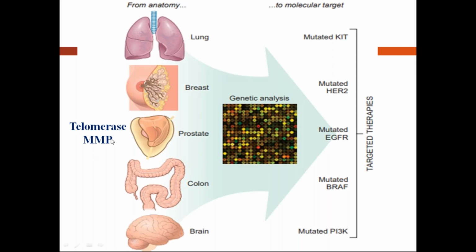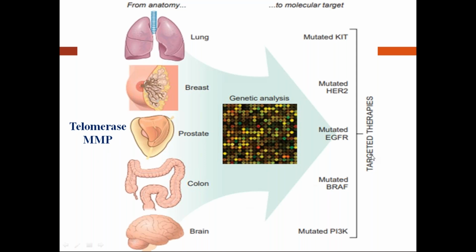Similarly, I mentioned matrix metalloprotease. What is its function? The degradation of extracellular matrix. Yes, so that a space is created in the connective tissue for the tumor cells to grow. So they have designed certain drugs which prevent the action of matrix metalloprotease.